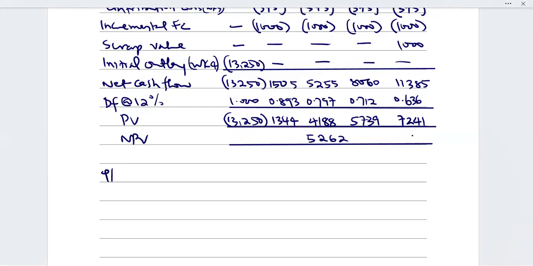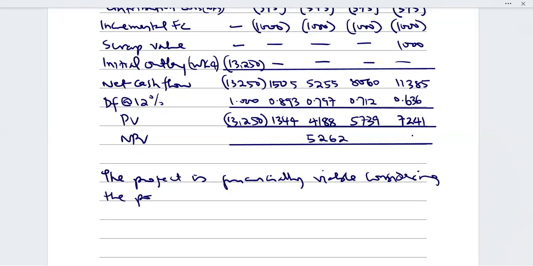I would then say the project is financially viable, considering the positive NPV of 5,262,000 naira.